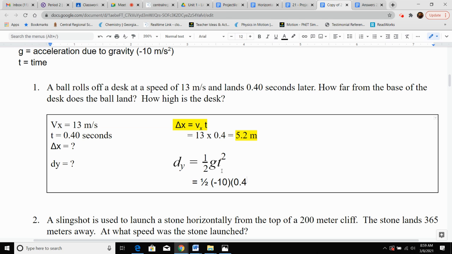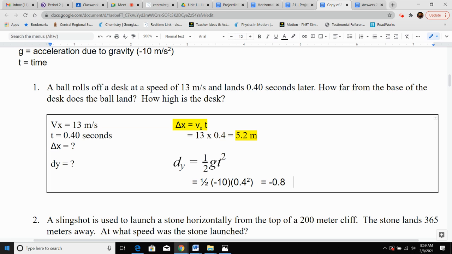Control period. Type your 2 and then hit Control period again, and it comes down. Okay, so 0.4 squared is 0.16, times negative 10 divided by 2 comes out to be negative 0.8. That's basically telling us how far it fell, right?